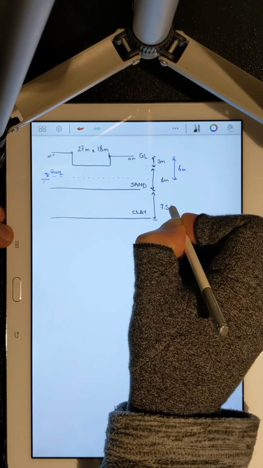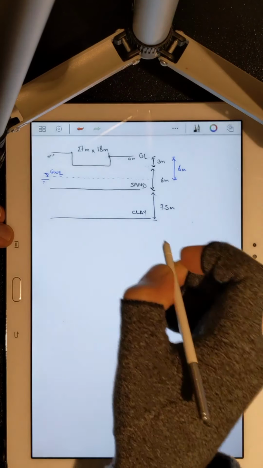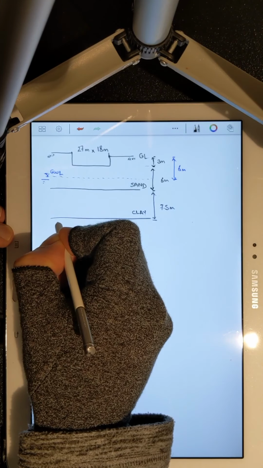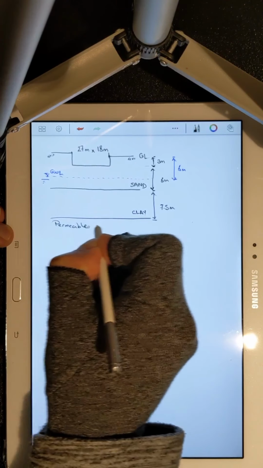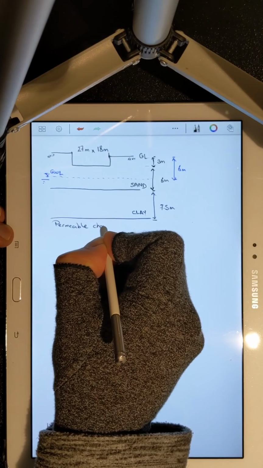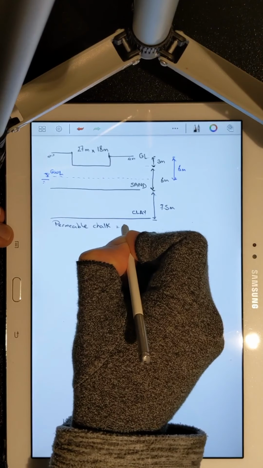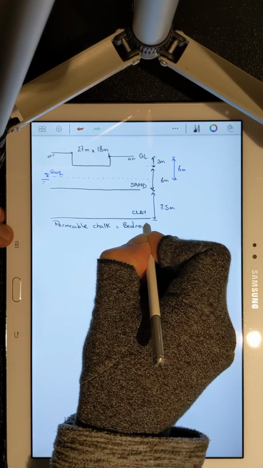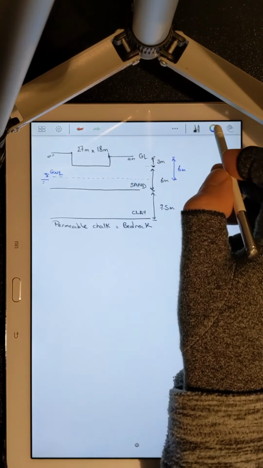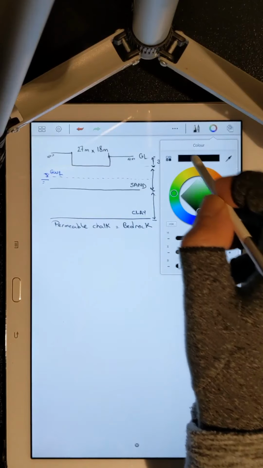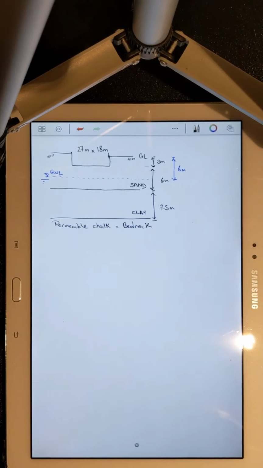It is sitting on a permeable layer of chalk, and that is your bedrock. I have some useful information which will be used in analysis, so let's put them on the board.